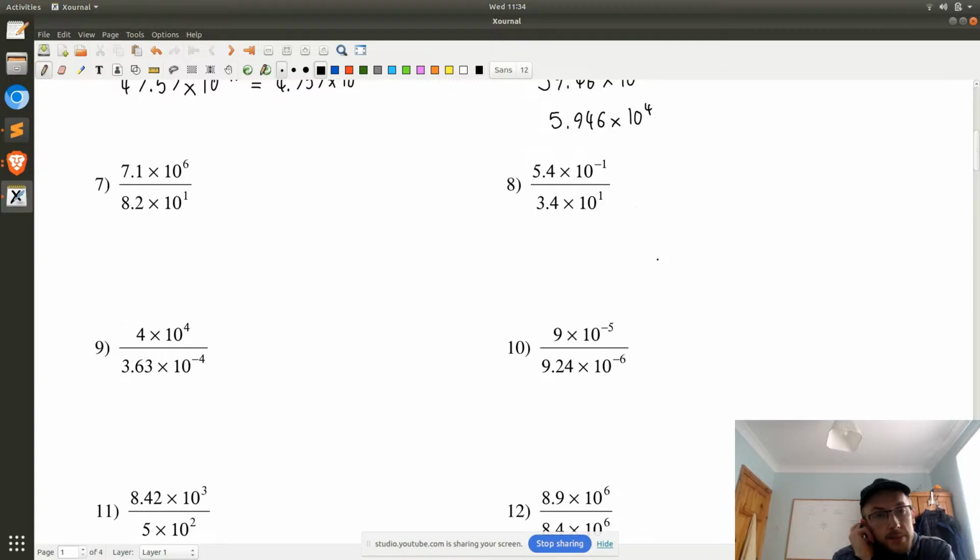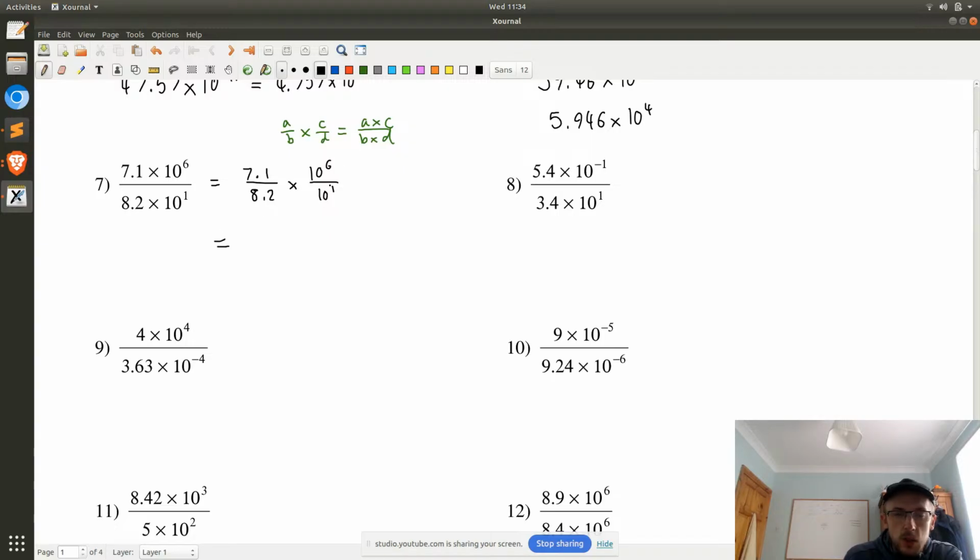Okay, what now? Well, just like fraction multiplication, which works like this, I can split this up into 7.1 over 8.2 times 10 to the 6 over 10 to the 1.